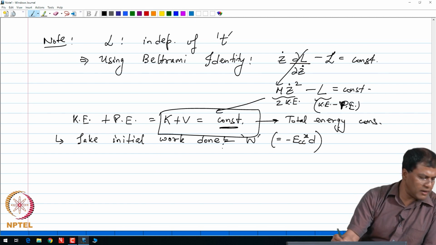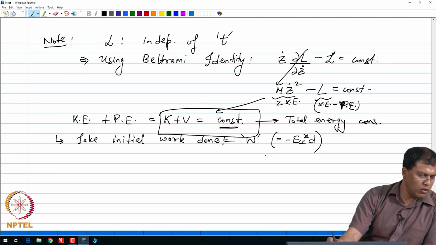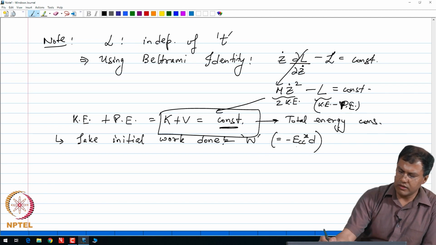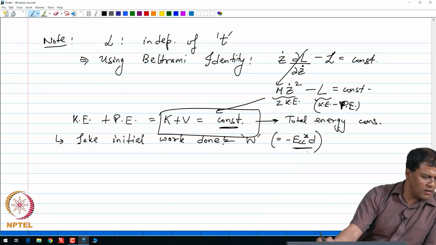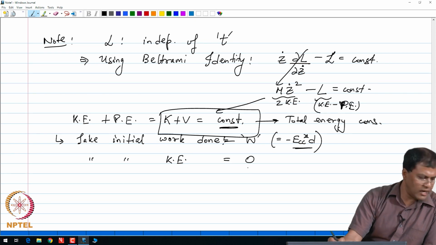So the work done to extrude the inner tube by a distance D is E C C star times D, and take my initial kinetic energy to be 0.